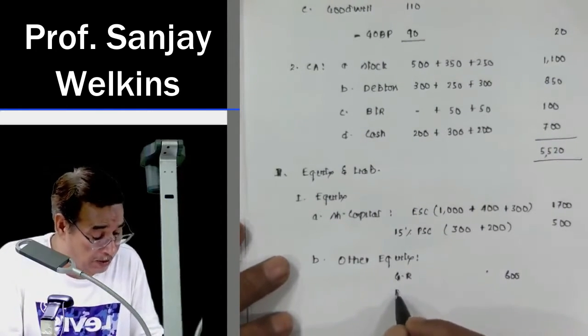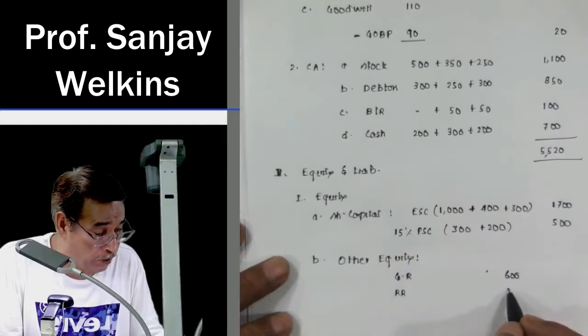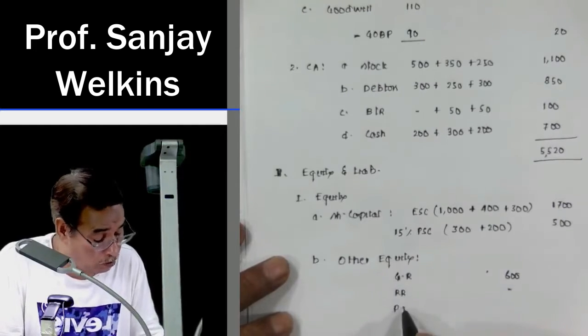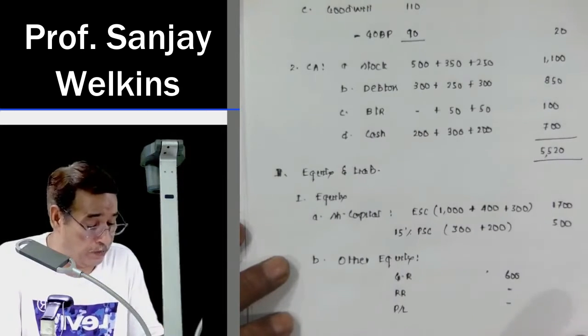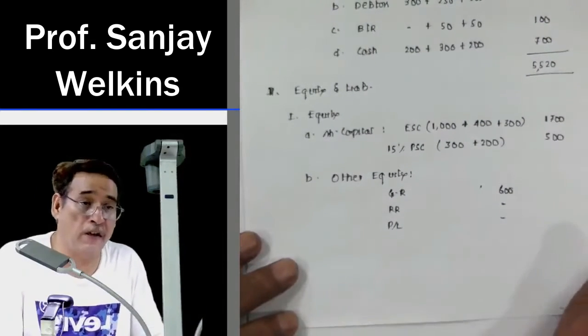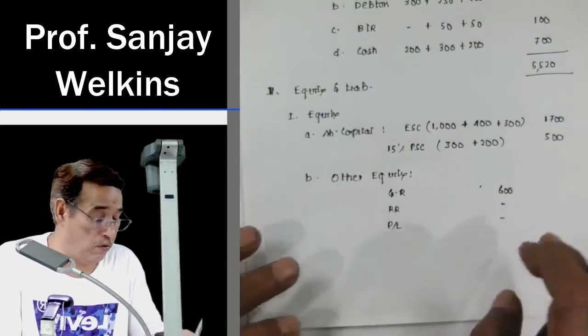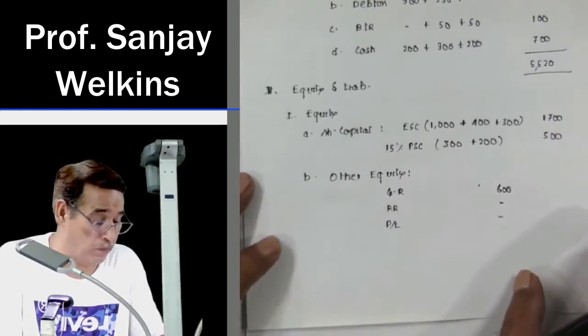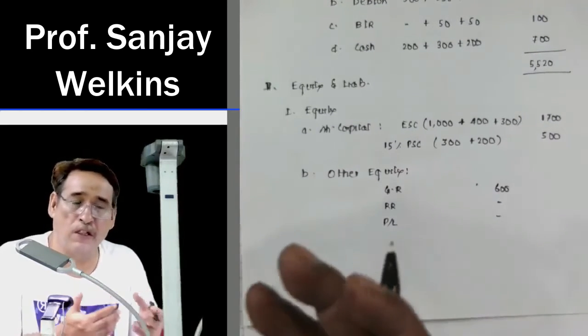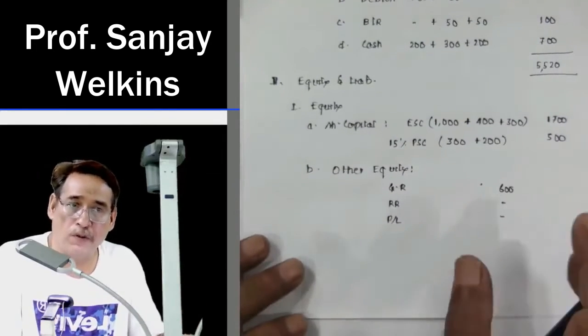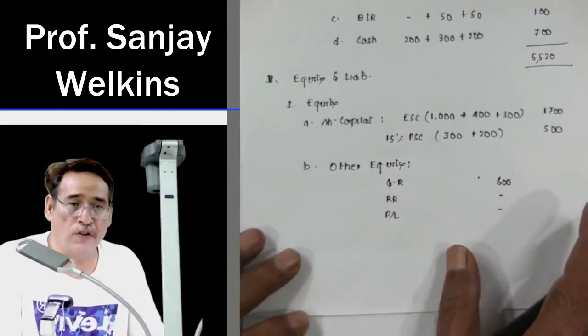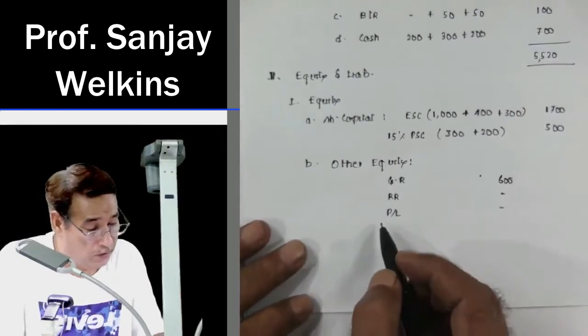As far as X Limited is concerned, there is no revaluation reserve. There is no profit and loss account, correct, of Z Limited, the acquirer. And don't include the reserve and surplus of other companies, because reserve and surplus of other companies are already closed when you prepare the accounts in their books, because you transferred those reserves to the equity shareholders.